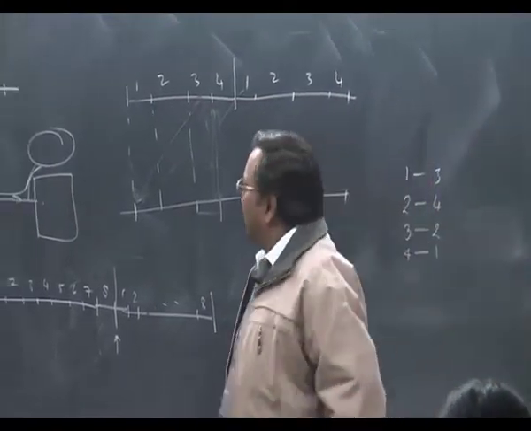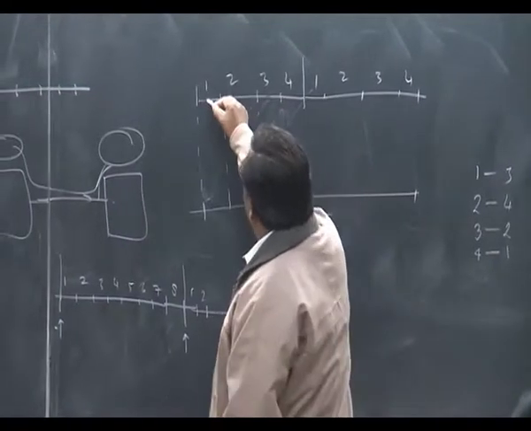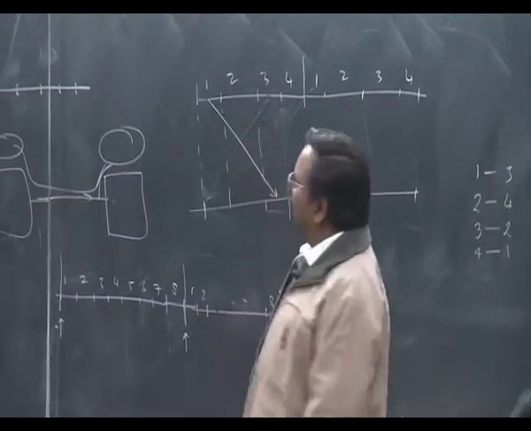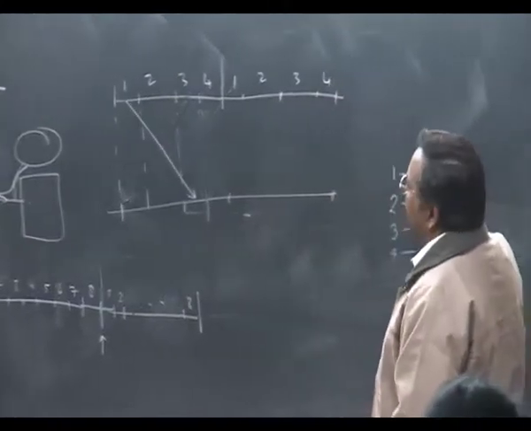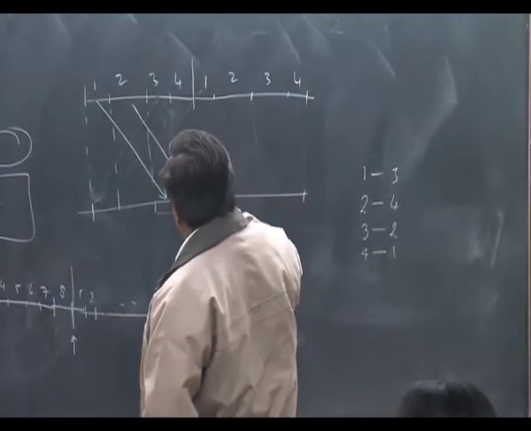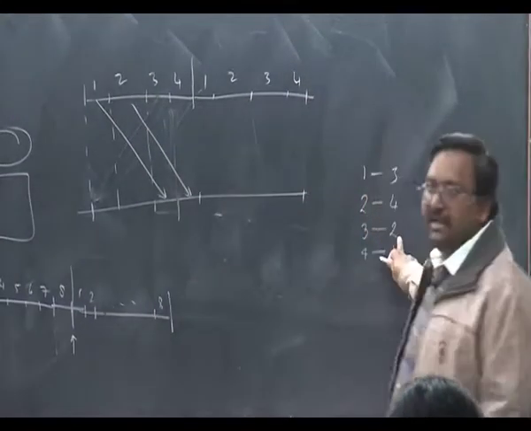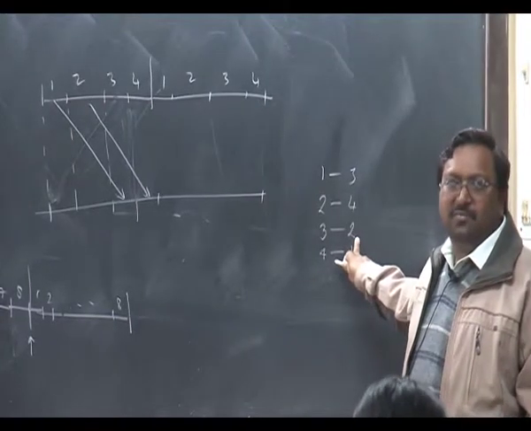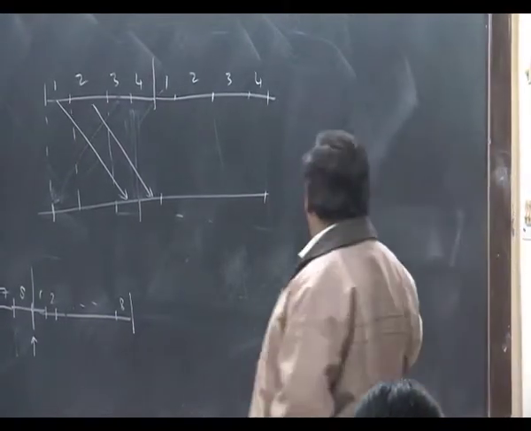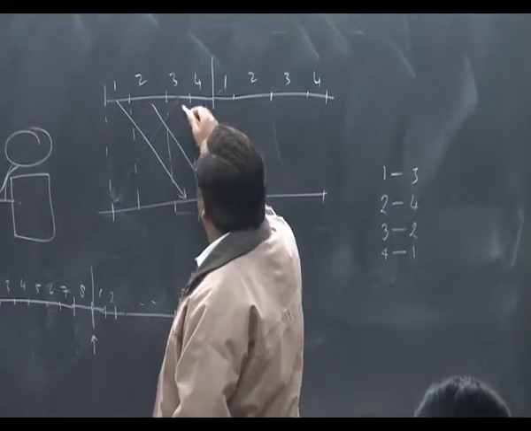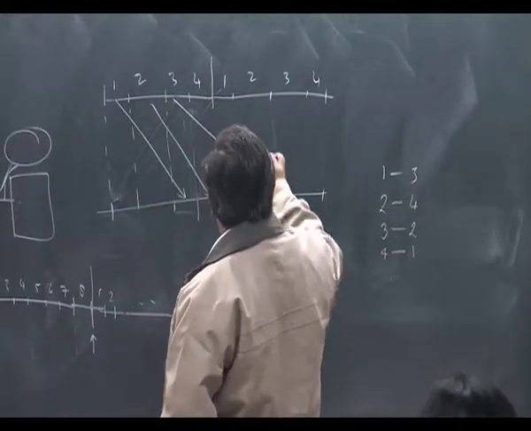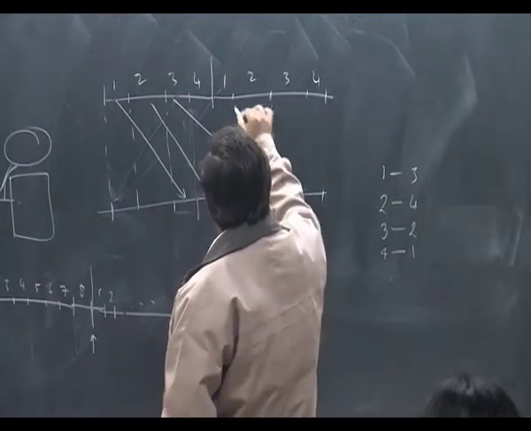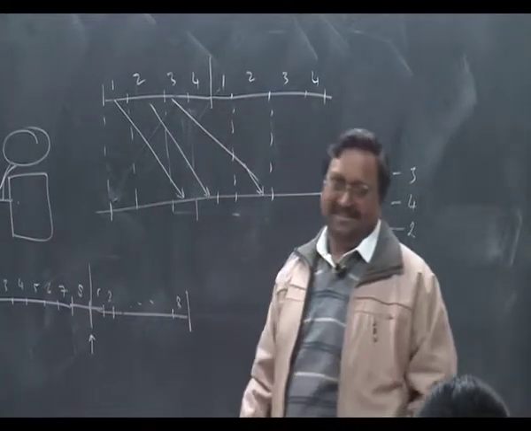So this can be done by delaying; 1 can easily be moved to 3, remember. 2 can be moved to 4. But whenever the destination port number is smaller, this cannot be done. So 3 cannot go to 2 here. So 3 has to go to this thing.